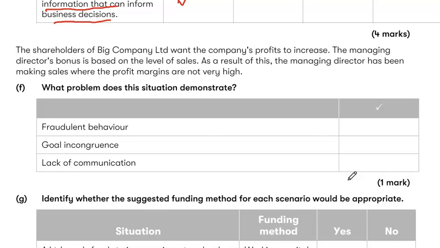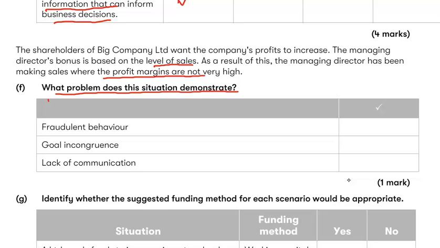The next question is, the shareholders of the big company limited want the company profit to increase. The managing director's bonus is based on the level of sales. As a result of this, the managing director has been making sales where the profit margins are not very high. What problem does the situation demonstrate?